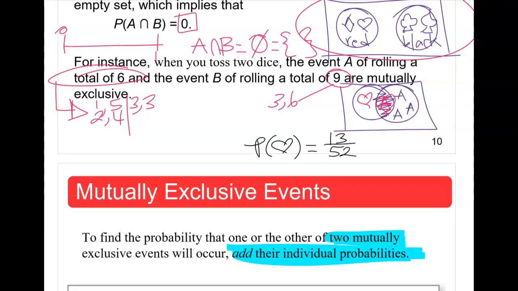And the probability of getting an ace will be 4 over 52. Out of those two probabilities, there is one that they have in common, and that's the one I have here in the intersection, the one that is both a heart and an ace. How many of those do we have? We only have 1 out of 52.